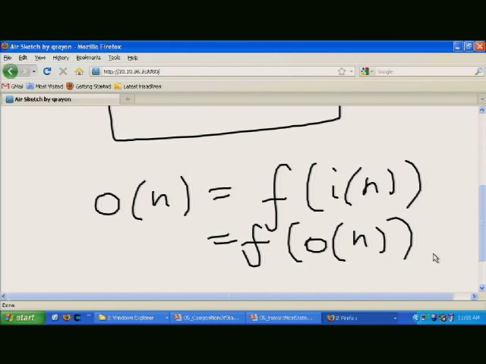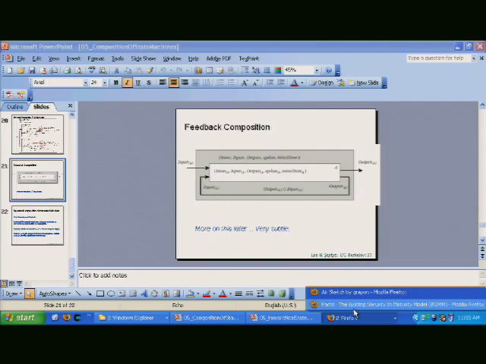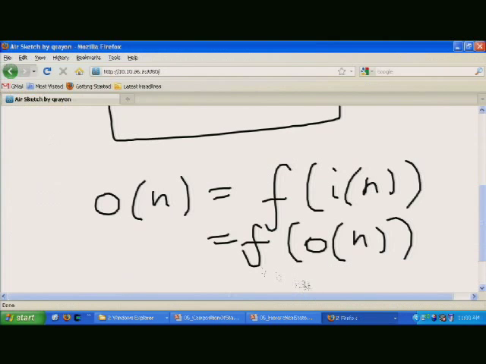Doing this involves something called fixed point computation. The solution of the equation, the O of n that satisfies this equation, is called a fixed point. You apply f to it, but it stays the same. And this is something, again, that we'll talk about in April. And so those are the three forms of composition. What we talk about next time is how to combine models hierarchically.